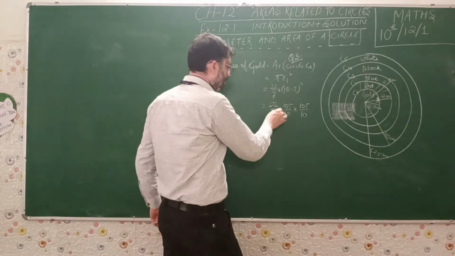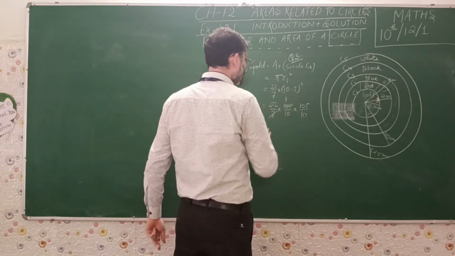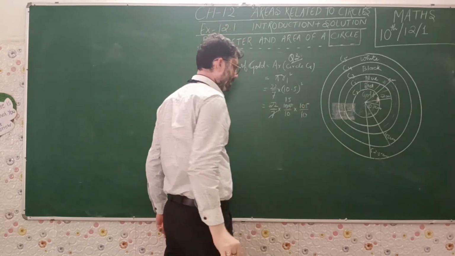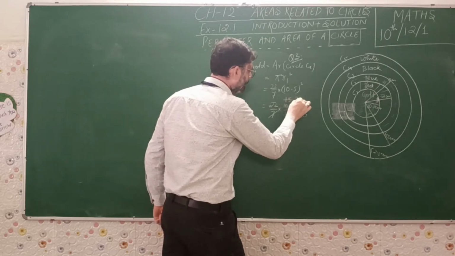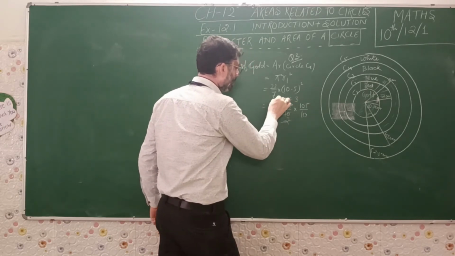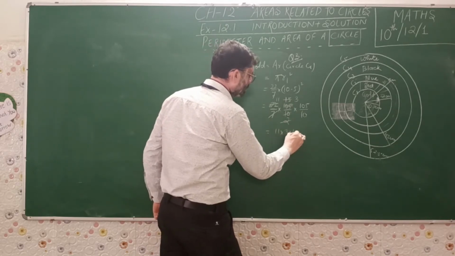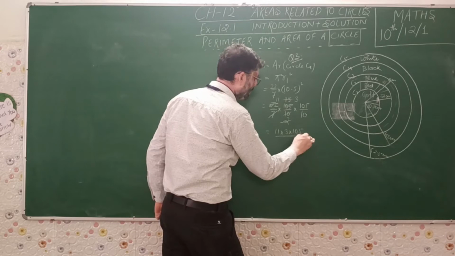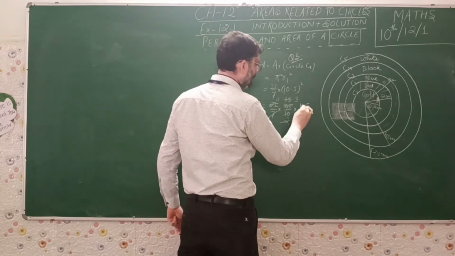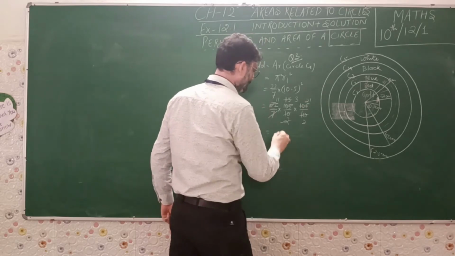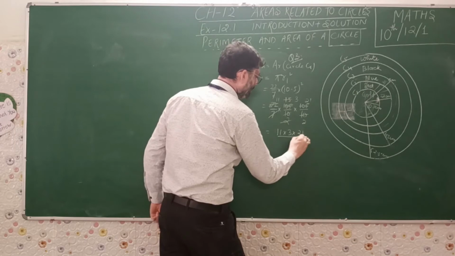Solving it, we cancel: 7 ones are 7, 7 fifteens are 105. Then 5 twos are 10, 5 threes are 15. So you have 11 into 3 into 105 by 5, and you can cancel more: 5 twenty-ones are 105. So you have 11 into 3 into 21 by 2.